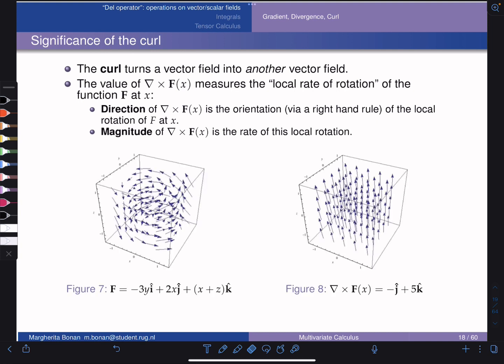We see as an example, if we have this original vector field, that the curl of this has a direction upwards, since we see via right-hand rule that the direction of the rotation would be upwards, and that the magnitude is basically constant, since the rotation here is not changing. It's basically almost a constant rotation.